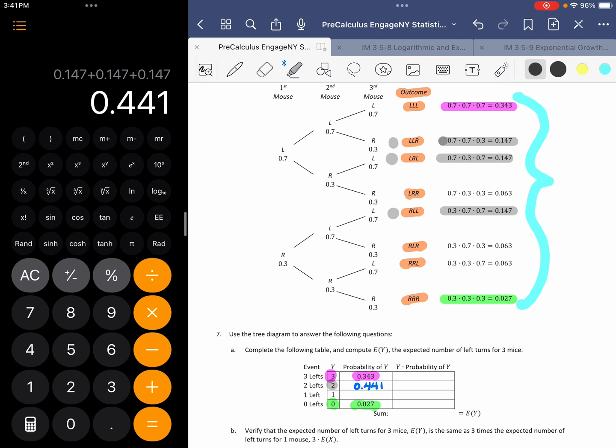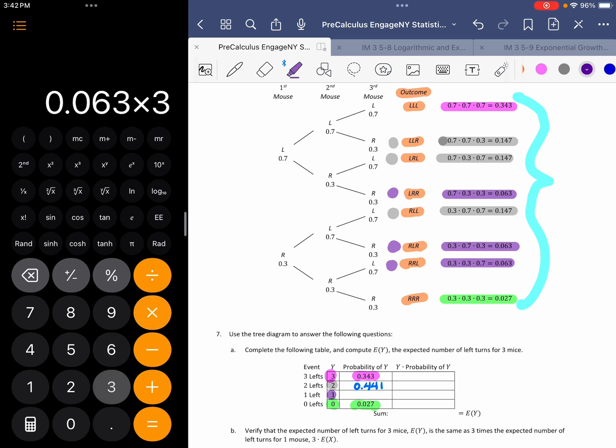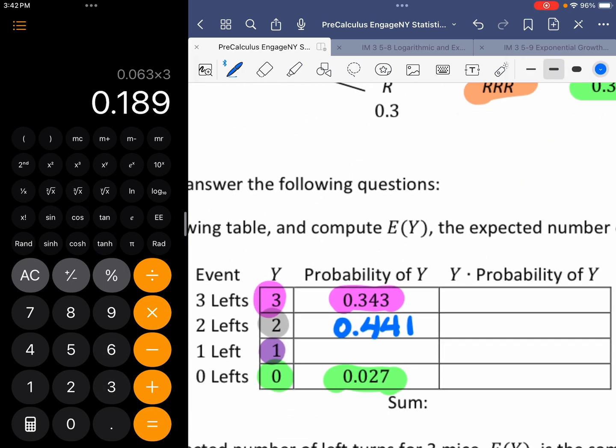And then lastly, we have the probability of just having 1 left turn, which is going to happen here and here and here, right? 1 left and 2 rights. So we're going to add together 0.063 plus 0.063 plus 0.063 for a total of 0.189.